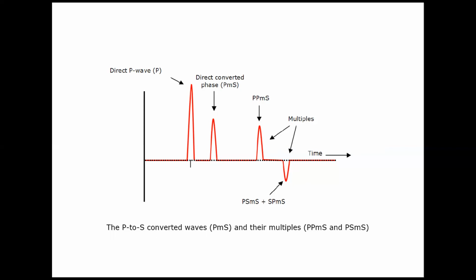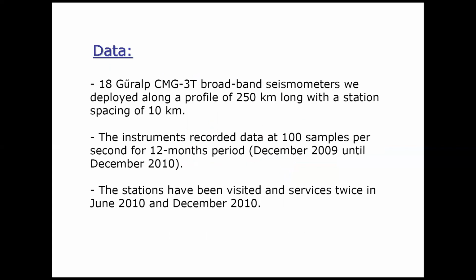From this figure, we can frequently observe the primary converted Pms and the multiple phases, the PpMs and PsMs. The multiple phases are weaker than the Pms wave, and therefore they are hard to recognize.